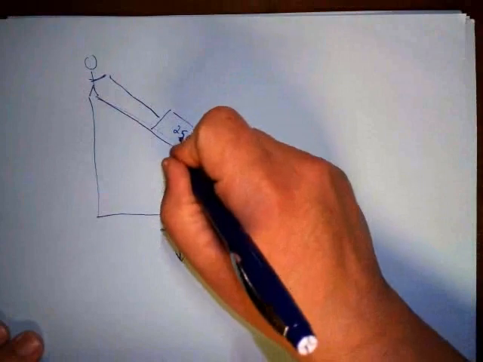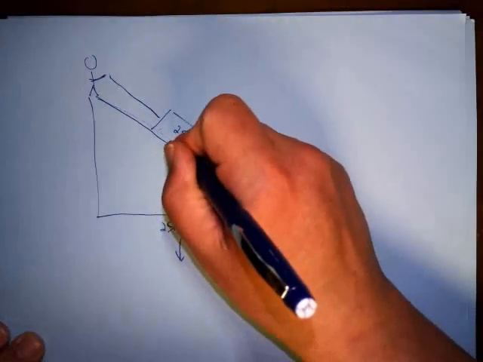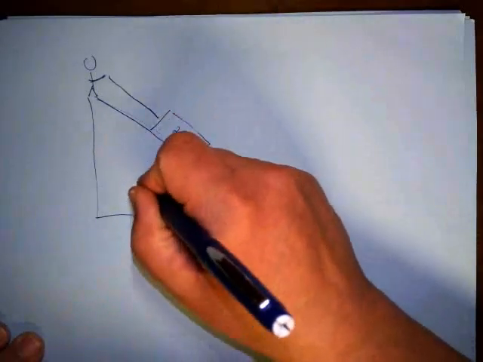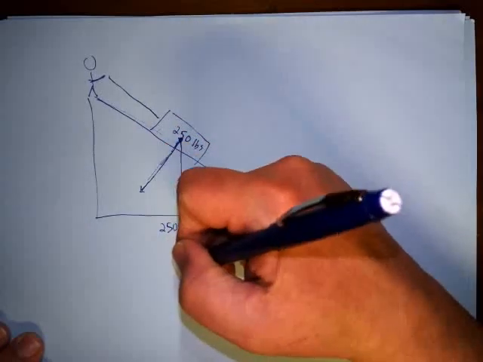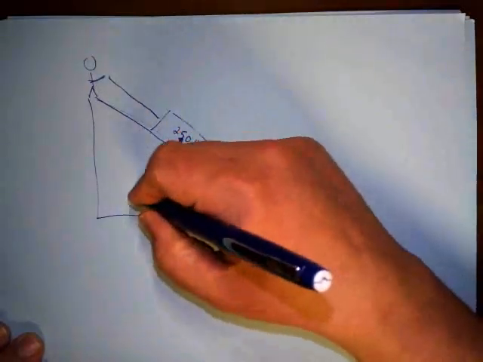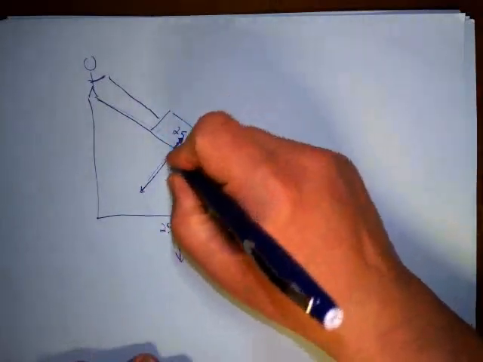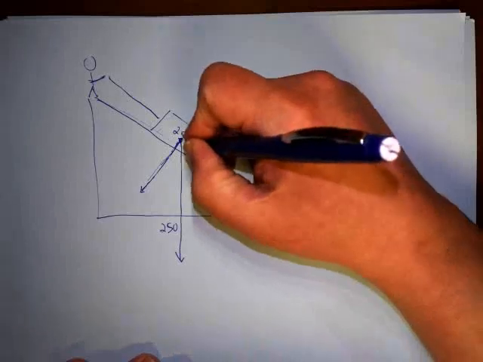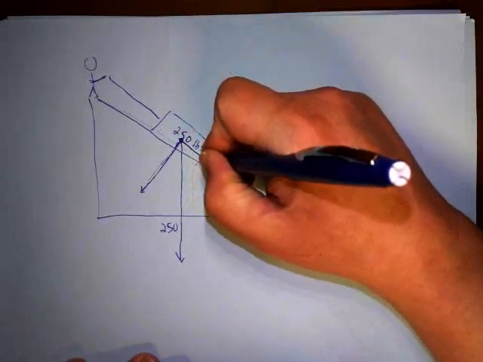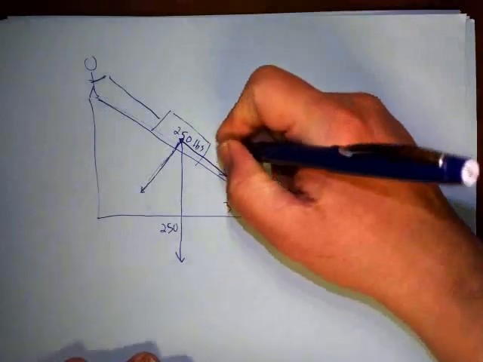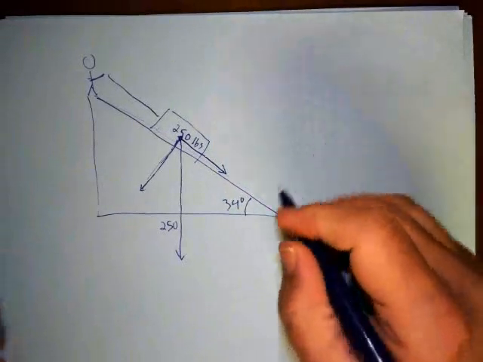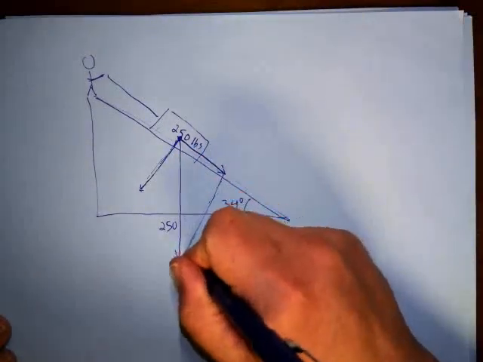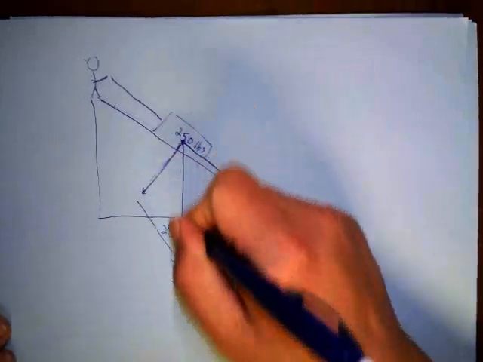Then you have a component that's perpendicular to the ramp coming down here, and another one that's parallel to the ramp, like this. Basically these would be like your parallelogram, where this is the resultant.